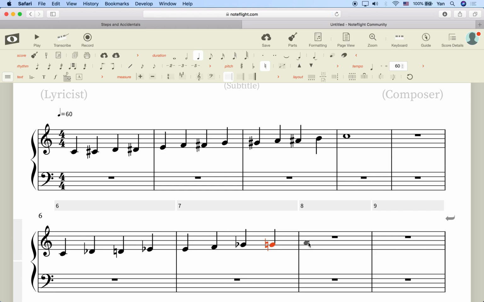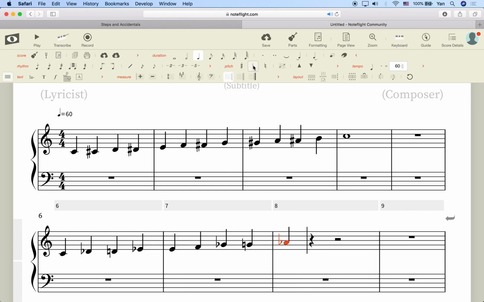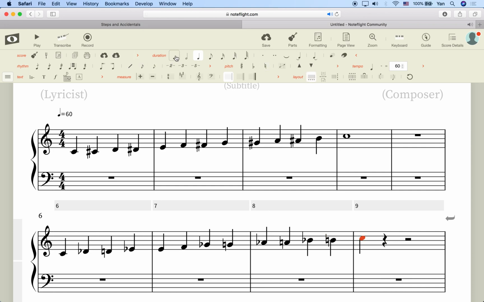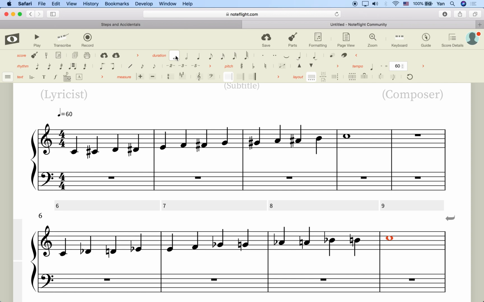All right, and now I'm going to write A flat instead of G sharp and A natural to cancel out that A flat, and next is going to be B flat and another B, but this time I'm going to write B natural to cancel out the B flat here, and finally C natural, and I'm going to make that a whole note to complete the 4/4 bar.